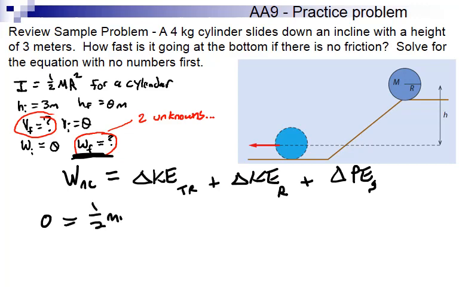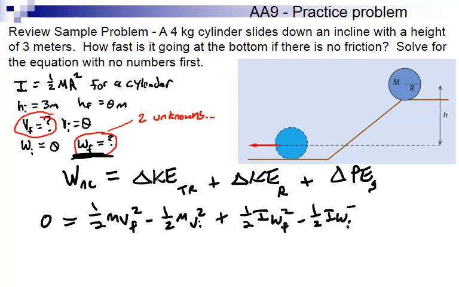Translational is 1/2 m v final squared minus 1/2 m v initial squared plus 1/2 I omega final squared minus 1/2 I omega initial squared plus m g h final minus m g h initial. Now, we know that the initial velocity is 0, so that becomes 0. We know that the initial angular speed is 0, it's not rotating, and the final height is 0.